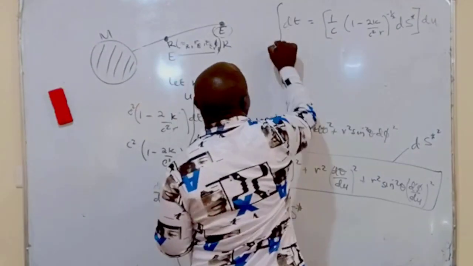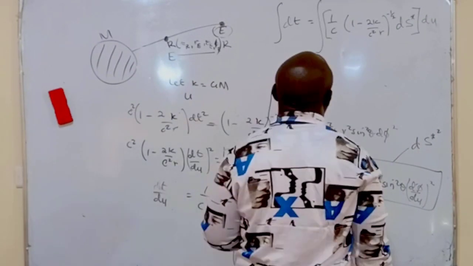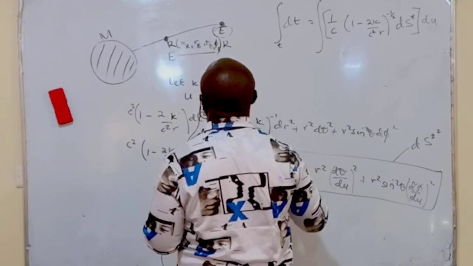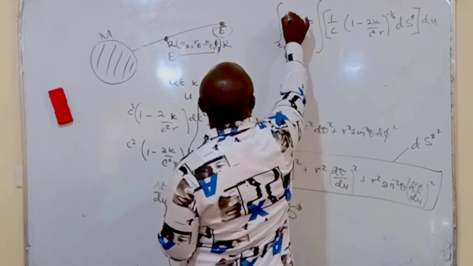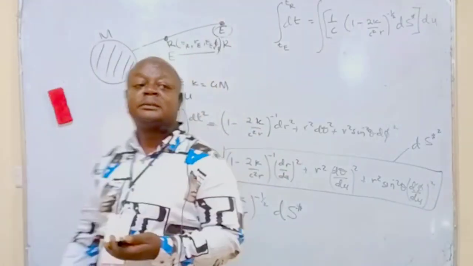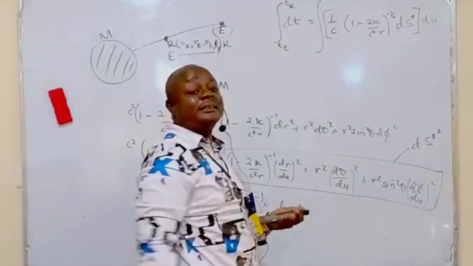If I take this integral, this will move from t emitter to t receiver, because our signal is moving from emitter to receiver.